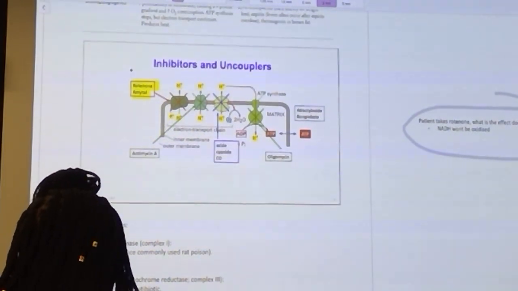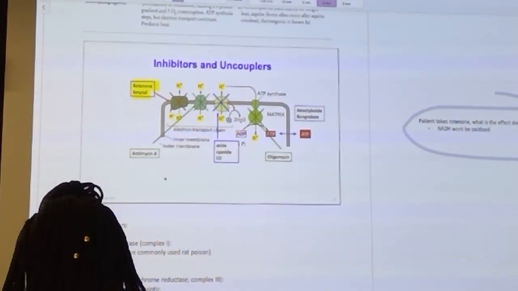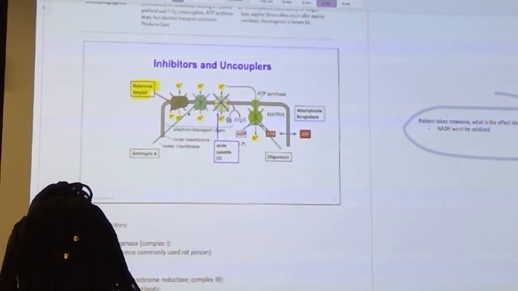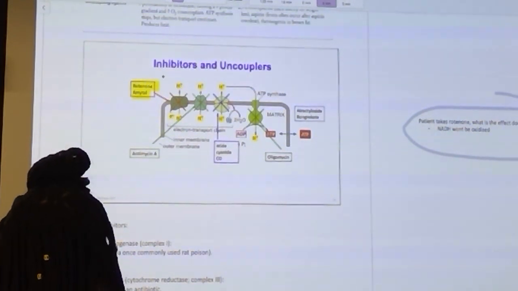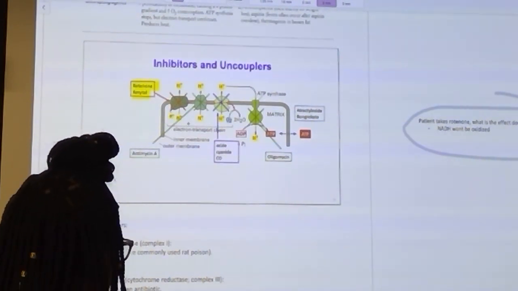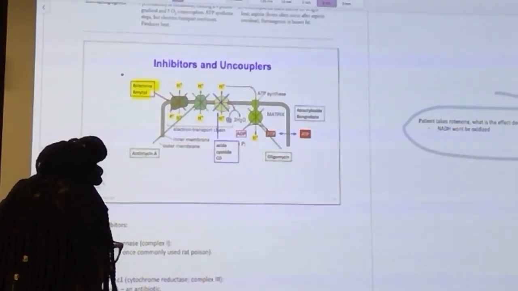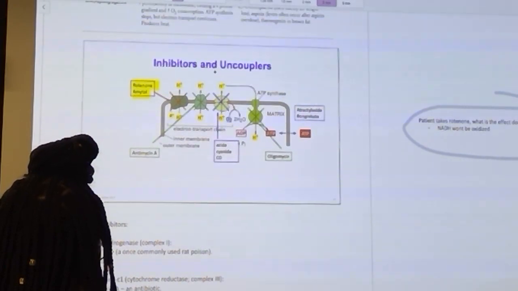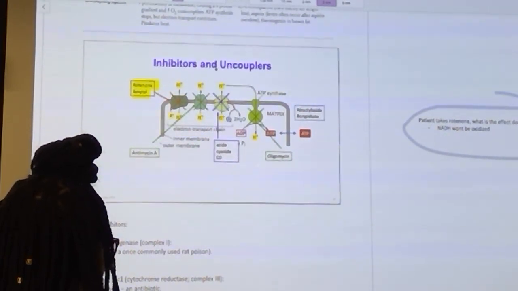Complexes 1 and 2 are separate. If you inhibit complex 1, you still have complex 2. If you inhibit complex 2, you still have complex 1. But if you inhibit anything from complex 3 forward, you inhibit the entire cycle.